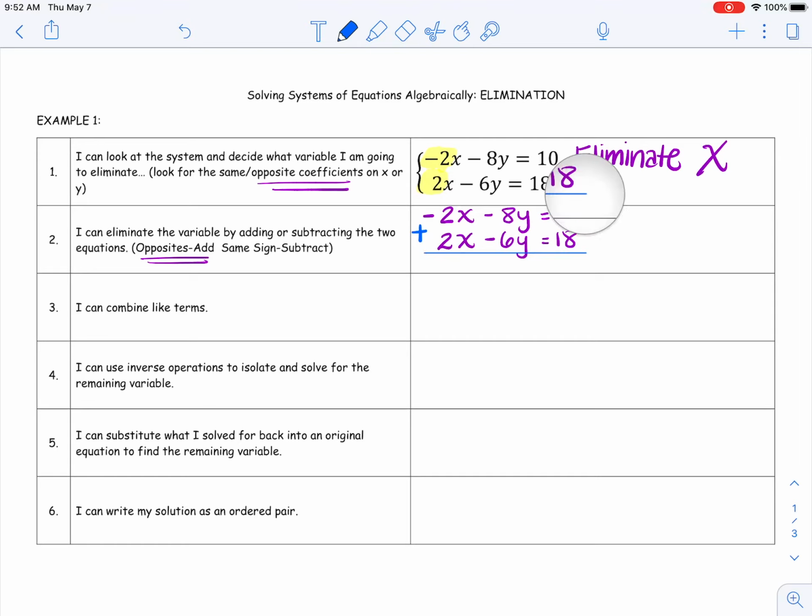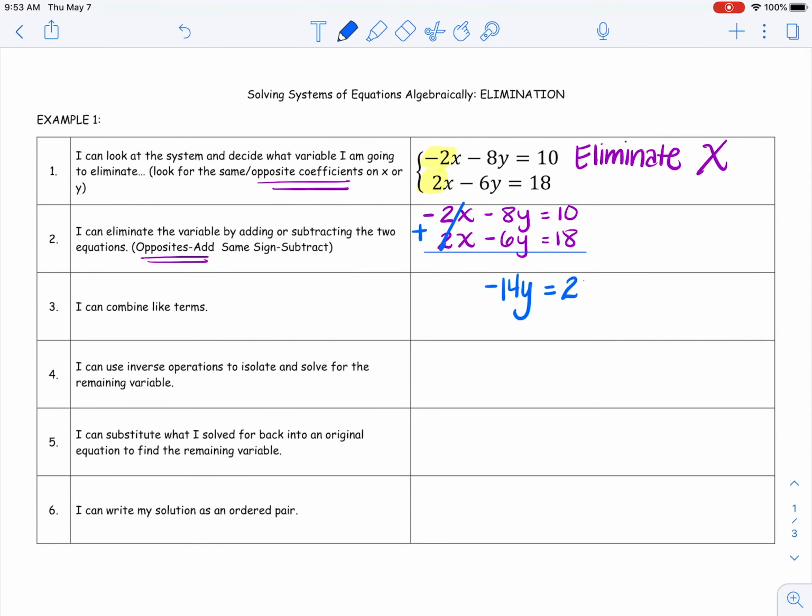So when you have -2 and 2, those cancel out. They've been eliminated. And now we have -8y and -6y, which add to give me a -14y. And then 10 plus 18 give me 28. Okay, so basically we're just combining like terms here through addition in this case.